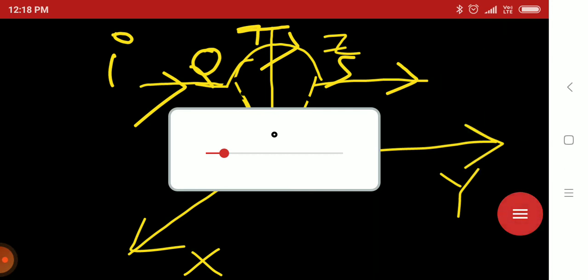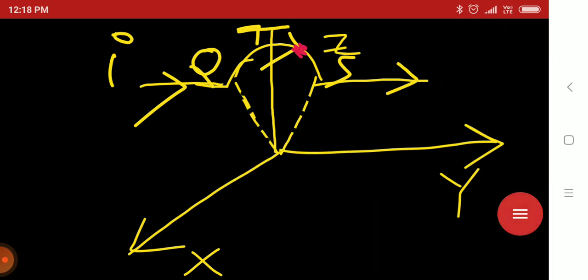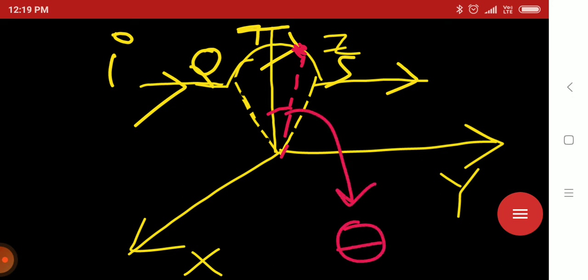This dl is making an angle theta. So we have done the first step.